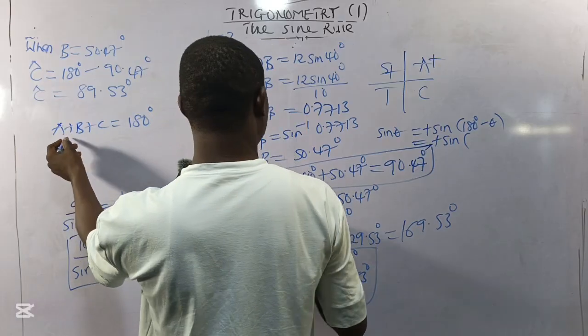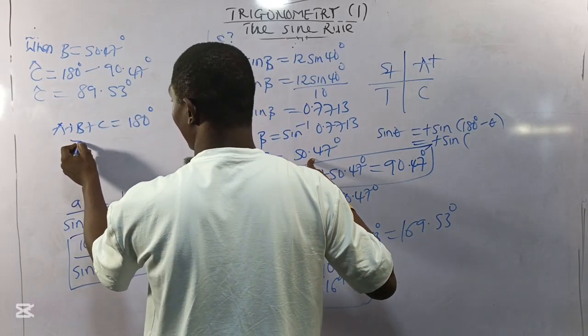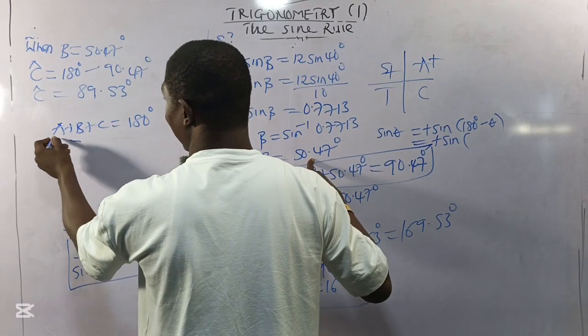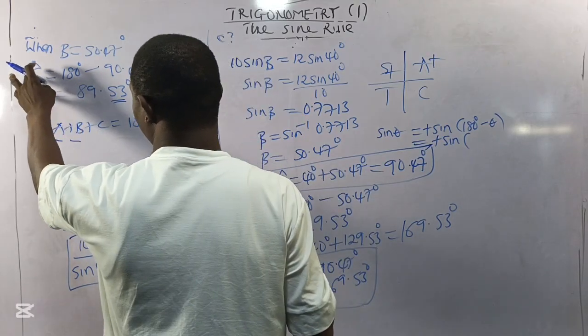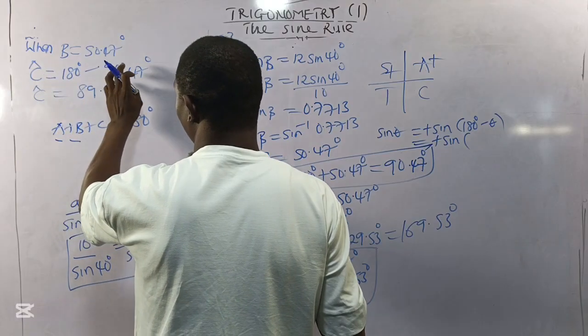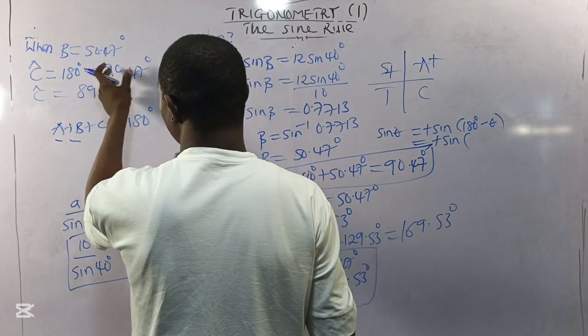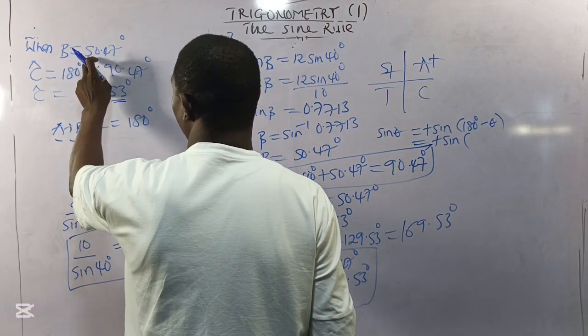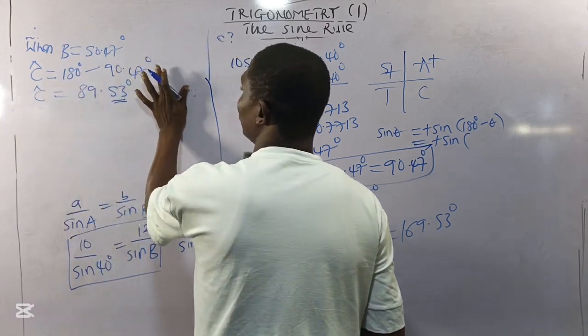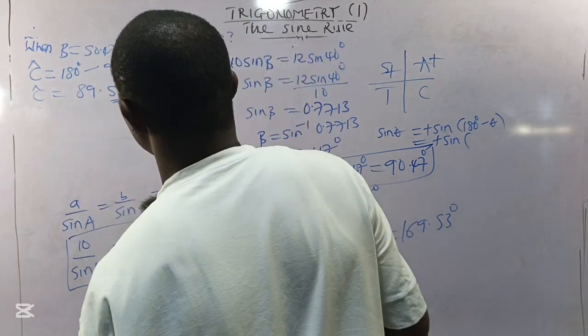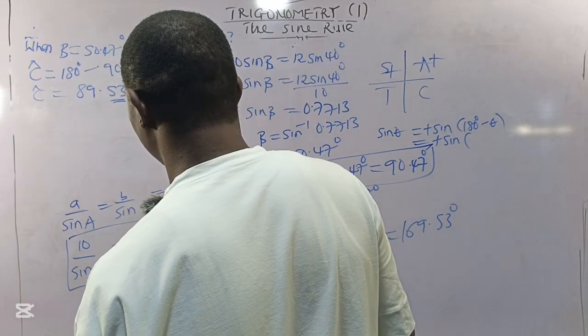Here's my B. We are using B as 50.47 degrees and A as 40. You have this as your C. So this angle C equals 180 minus 90.47. This is simply the sum of 40 degrees plus the value of B when B is 50.47 degrees. Take note. So we have angle C to be 89.53 degrees.